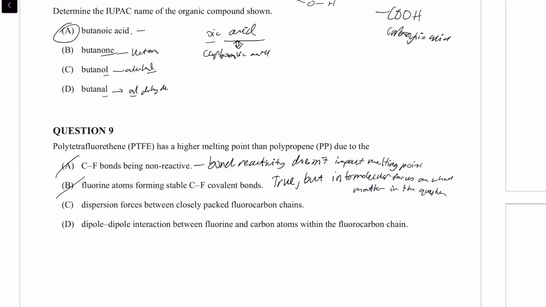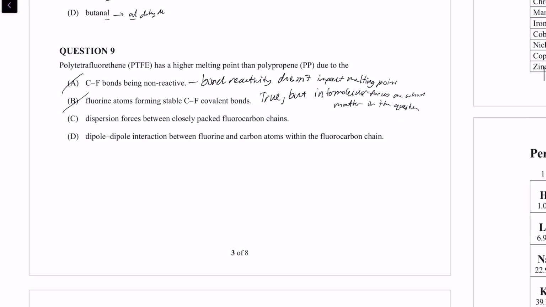So when we talk about atoms themselves forming their stable covalent bonds, we're talking about the intramolecular forces, within a single molecule, right?